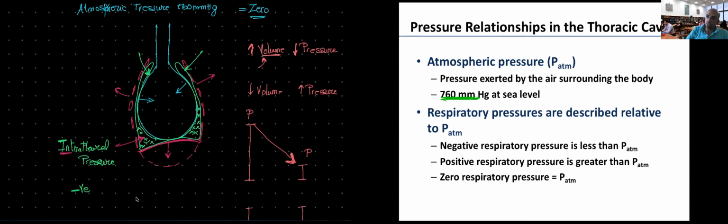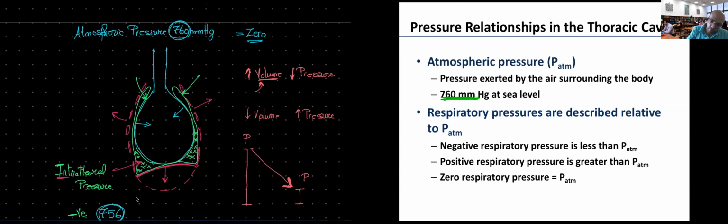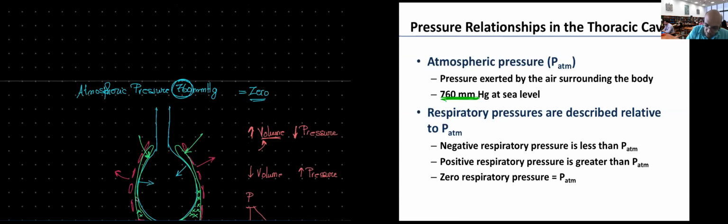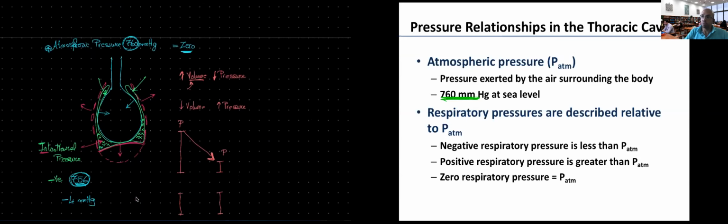So if, for example, the intrapleural pressure is 756, it is lower than the atmospheric pressure. I won't keep saying 756, I will just say it's -4 millimeter mercury, because I've considered the atmospheric pressure to be my zero pressure, because it's applied on anything on Earth. Atmospheric pressure is my zero pressure.